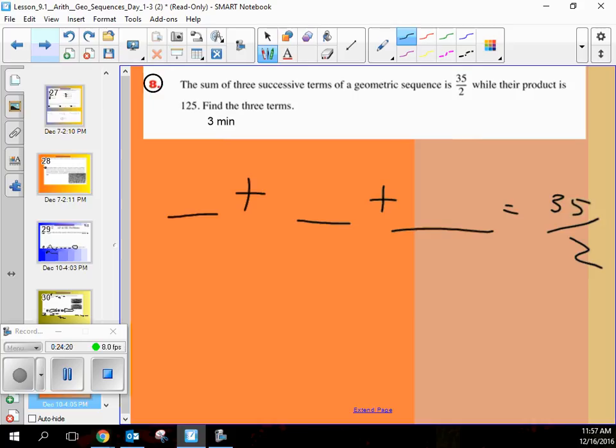You could actually use A and B and C if you wanted to, but I think it'll be easier if you use A sub n, etc. All right. So the product is this, means that this times that equals 125. If you get a couple equations set up, I think you can solve this one. And it's not brutal. You just have to have an aha moment as you're solving it.